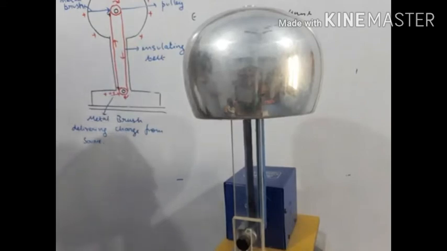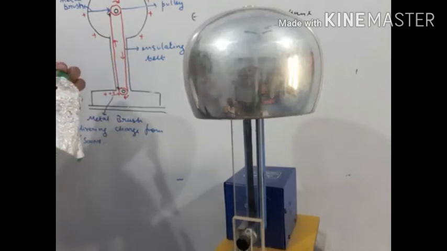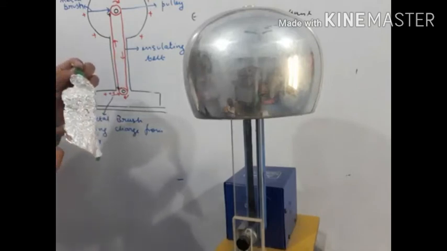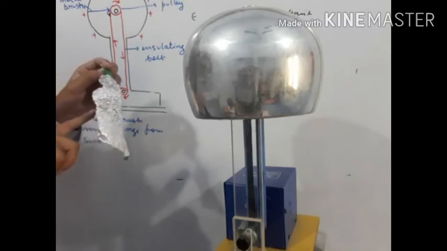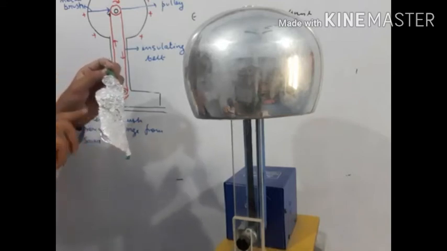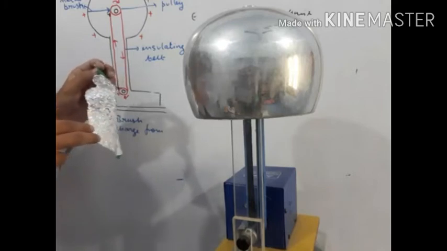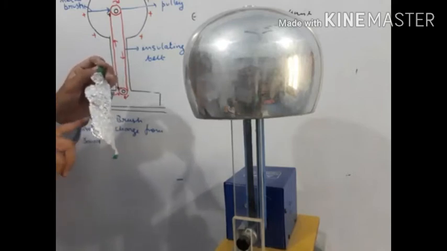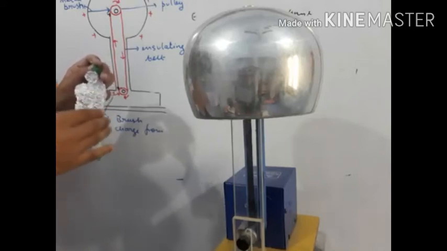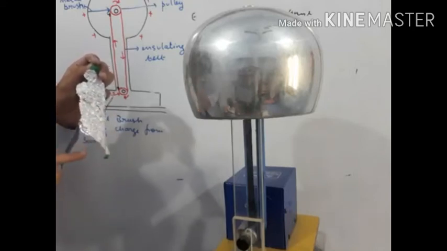This dome is now charged. This is metal. Suppose it is positively charged, so electrons will move from this side to the opposite side. So in this metal foil, the electrons will flow. If they flow from this side to this side, this side will be negatively charged, this side will become positively charged.